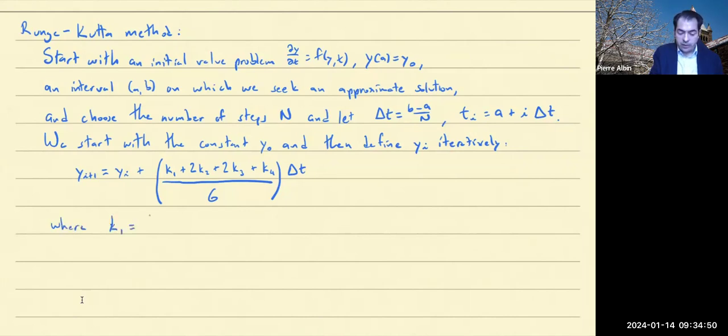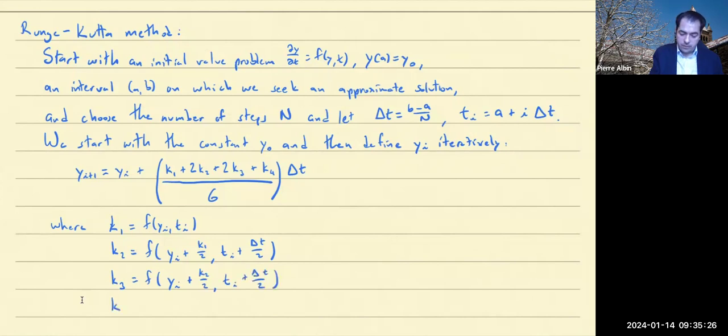So K1 would be just like in Euler's method. But then K2 is f of y_i plus K1 over 2, advancing t_i by step size over 2. For K3, you advance y_i by K2 over 2, and t_i is evaluated at the same point as for K2.